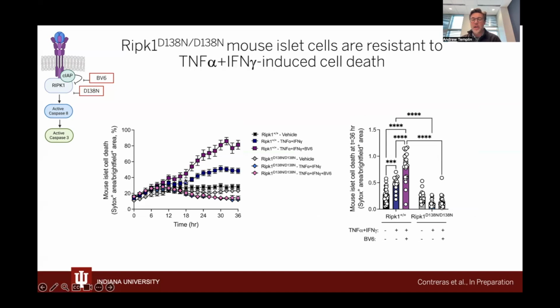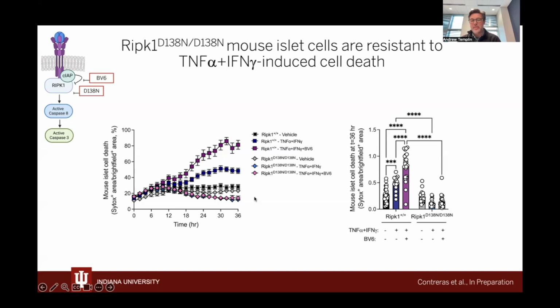So when we look at these squares, so these are the wild type islets, and we treat them with TNF-alpha and interferon gamma, we see a small but significant increase in cell death that's quantified here on the right. And when we add BV6, the IAP inhibitor, to that culture, we elevate the amount of cell death that happens over the first 36 hours, again quantified here.